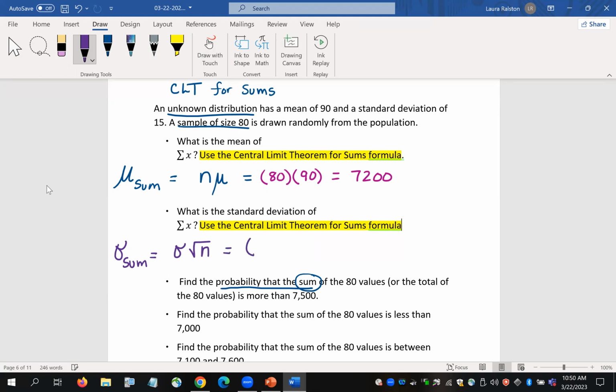So in this problem, I would have 15, because that's the standard deviation given to me in the problem, times the square root of 80. And I'm definitely going to need to use my calculator for that. So I have 15 times the square root of 80.